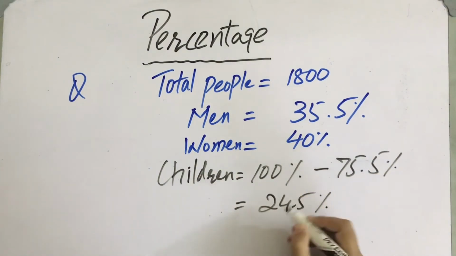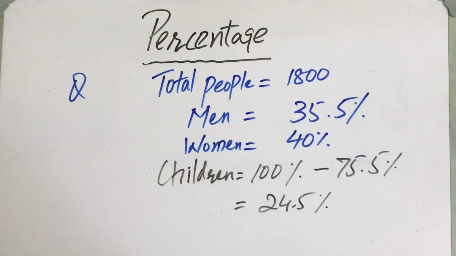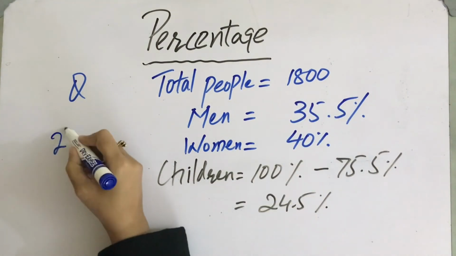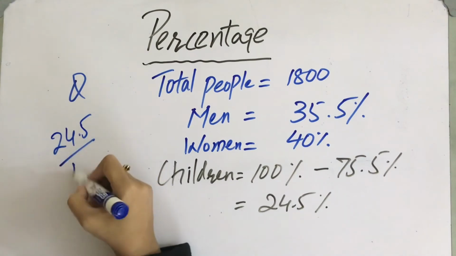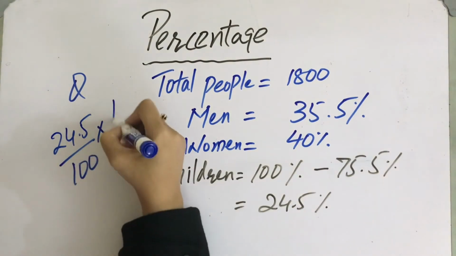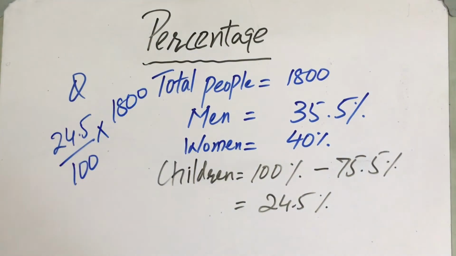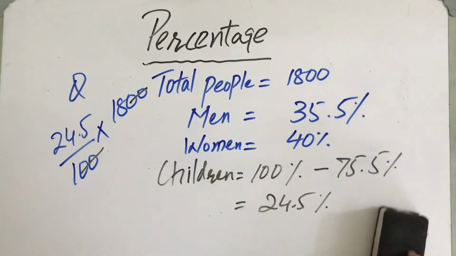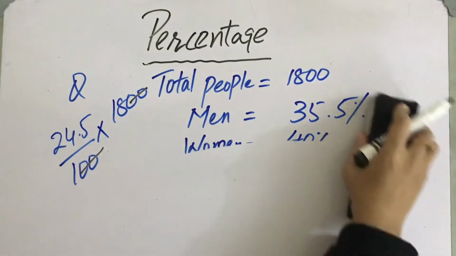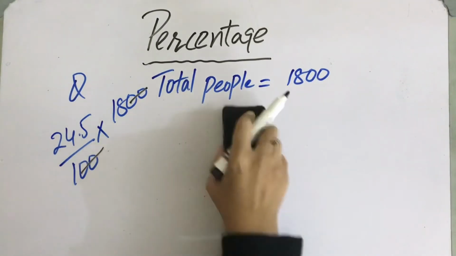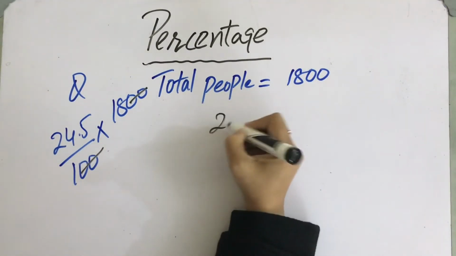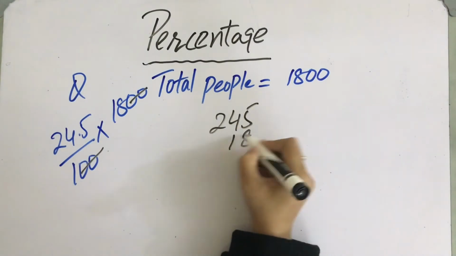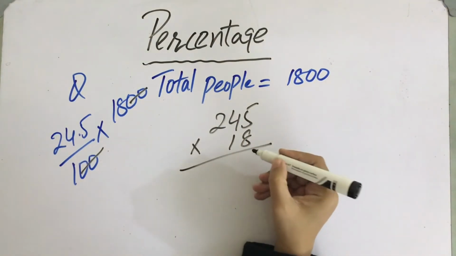So 24.5% of the total were children. So simply cancel these two zeros, multiply 24.5 with 18. We can have the number of children who attended the dinner. I take it as 245, multiply it with 18. Later on I shall put the decimal.